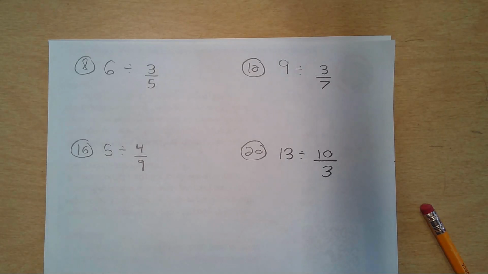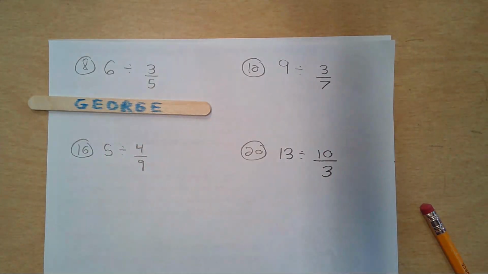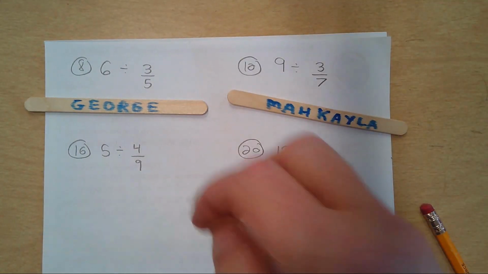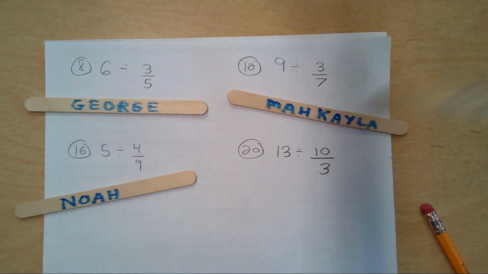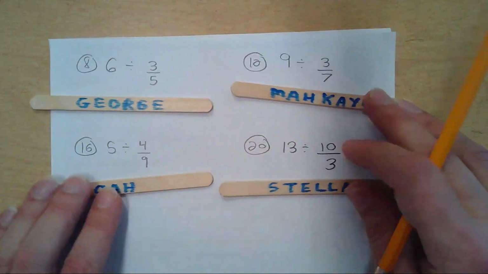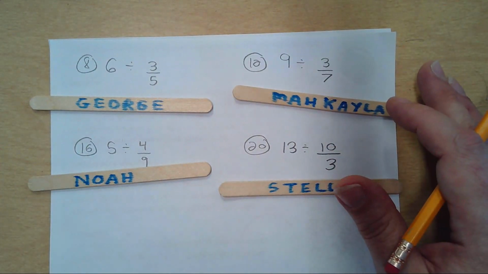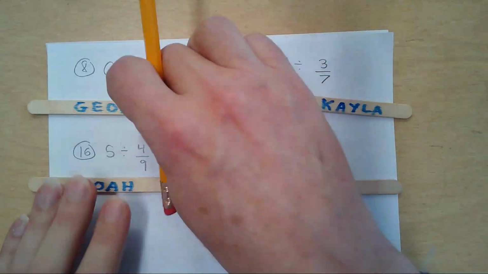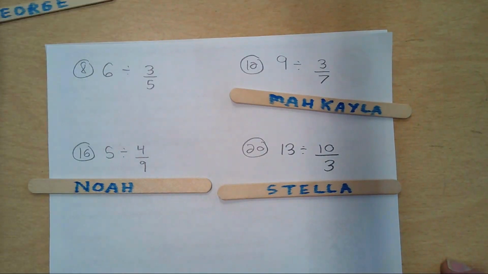All right, number 8 will be for George. Number 12, Michaela. 16, Noah. 20, Stella. Guys, shh. Okay, the lines are good. All right, George, you ready? Okay, rewrite it.